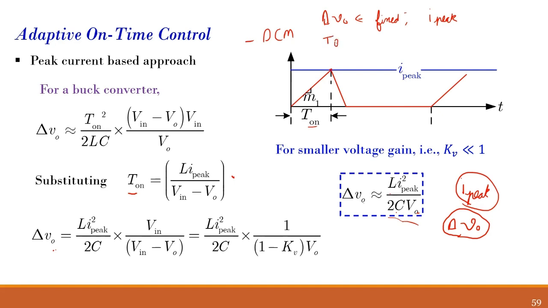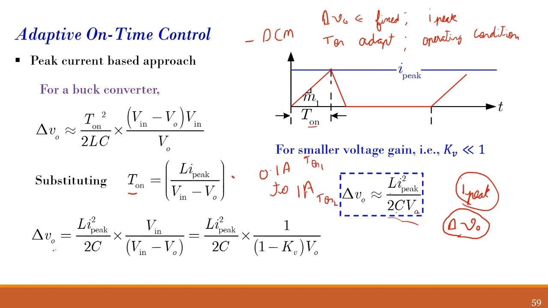Your T on will adapt based on the operating condition. If it goes from 0.1 ampere to 1 ampere, this will have a T on 1, this will have a T on 2.